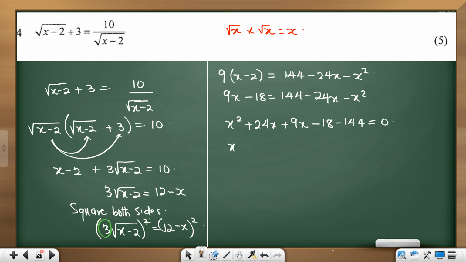Please check the signs. We are all working. Plus 33x minus 162. All right, I see. What are we going to have? 33. 27 and 6. All right, Lumka, talk to me.